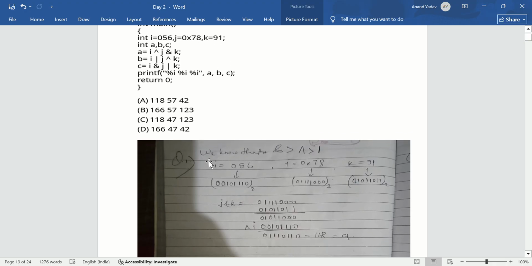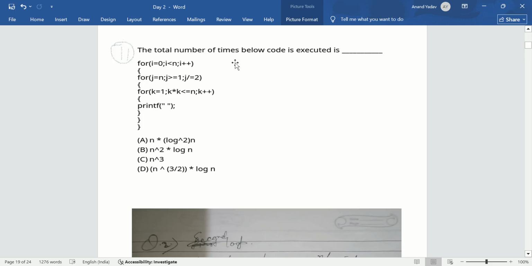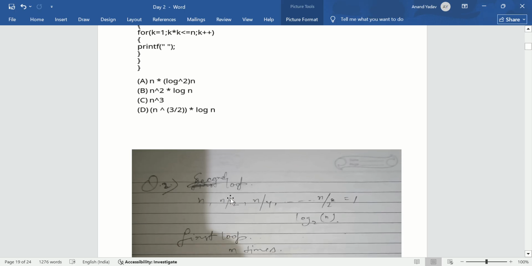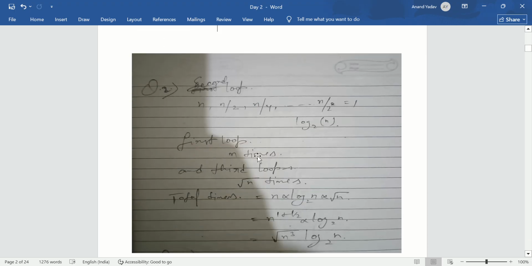Now the second problem is: the total number of times the below code is executed. I solve this by first analyzing the first loop. I found the first loop executes n times.